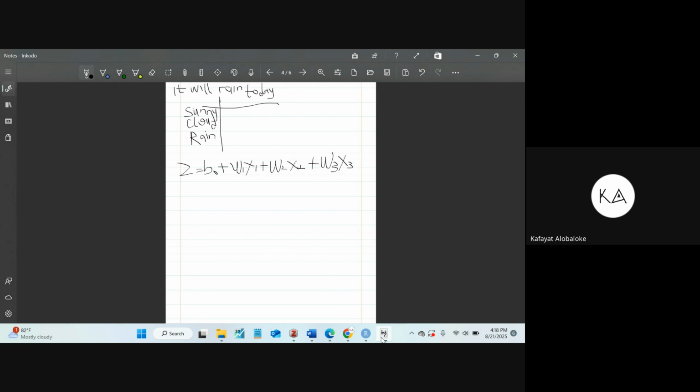The W1, W2, W3, those are the weights of each feature. And how do we get the weights? When it comes to real life situations where you have a large data set, the weights will be estimated during the training of the data set. In this case, they will be given to you.